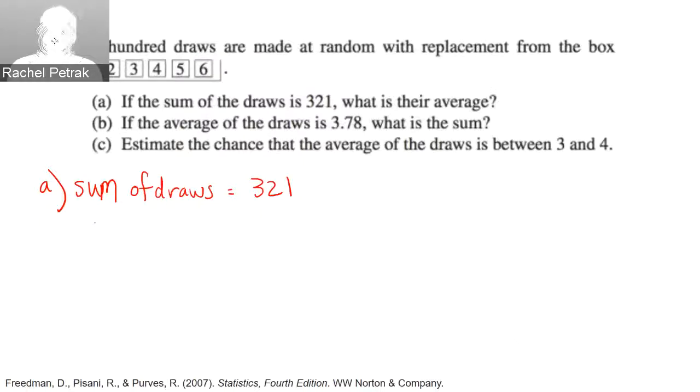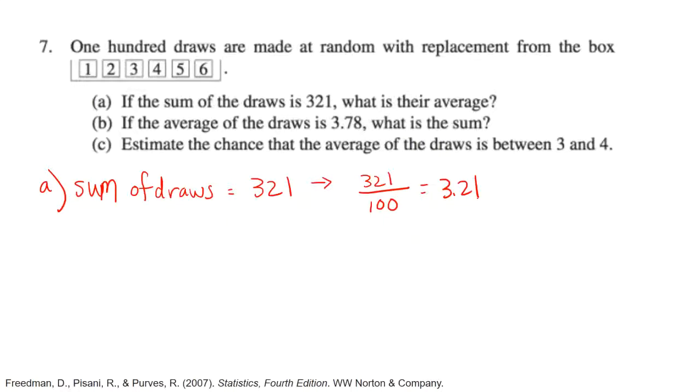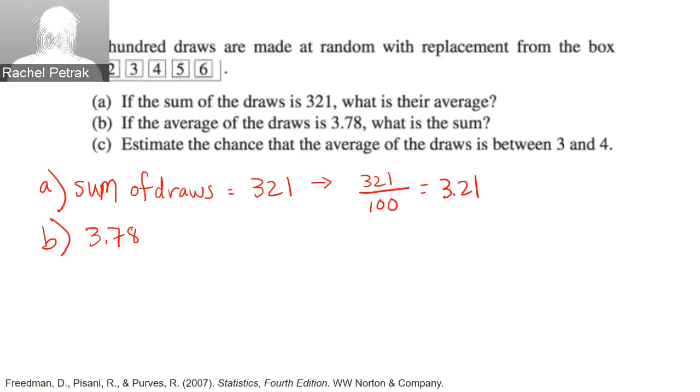So we can take our 321 and divide it by the 100 draws and get an average of 3.21. To go the other way, if the average of the draws is 3.78, what's the sum? Well, you can see where this is going. If the average is 3.78, we're going to multiply by the number of draws, and there's 100 draws. So this is equal to 378.